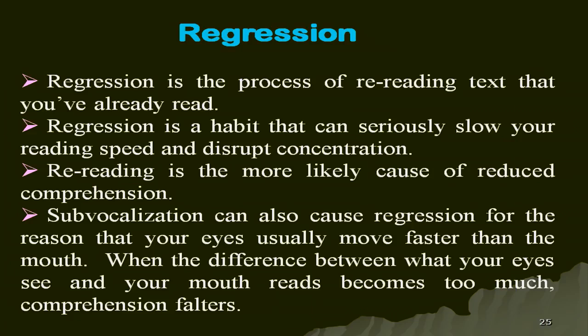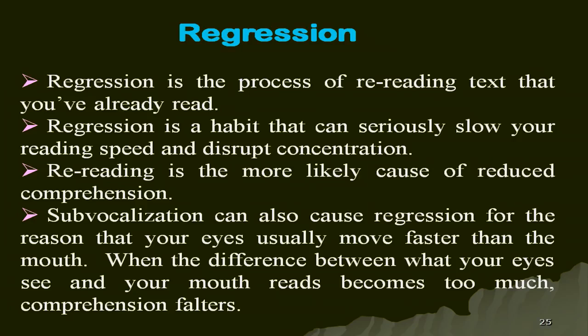We have to train children in such a way that they do not regress too much and do not reread the same thing, because that will hamper their comprehension. Subvocalization can also cause regression, because our eyes usually move faster than the mouth. We can use our mouth for talking fast, but when we read, the eyes do not move so fast.